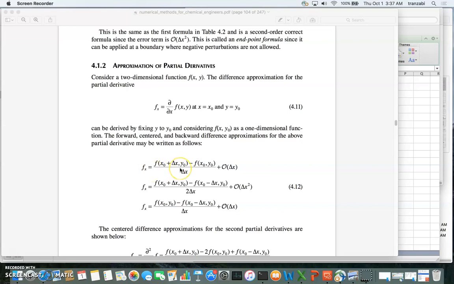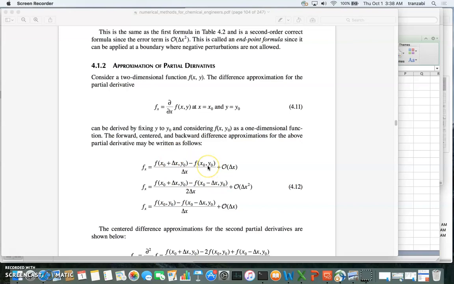As you can see here, we are changing x to x plus delta x and subtracting x from it, but we are not changing y at all. So in both the first and second term, y is always fixed. And then we divide this difference by delta x, because the difference between the two x values, between x0 and x0 plus delta x, is delta x. That's why we divide by delta x.